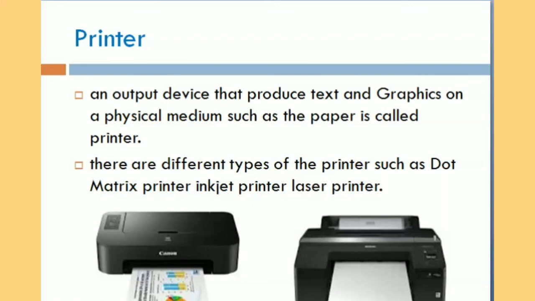Impact printers produce text and images by striking metal or plastic hammers against an ink ribbon. The ink ribbon is pressed against the paper, marking the page with the appropriate characters, dots, lines or symbols. So there are three types of printers: first is the dot matrix printer, second is the inkjet printer, and third is the laser printer.